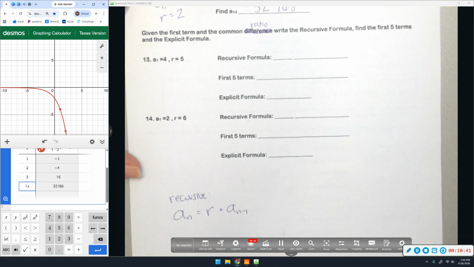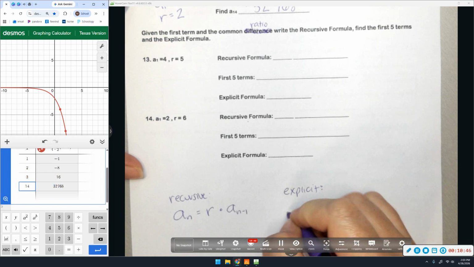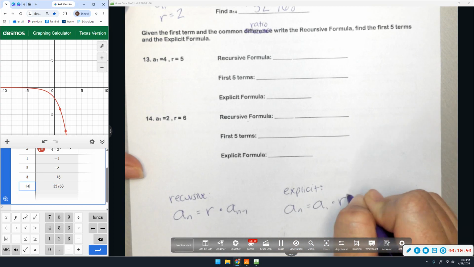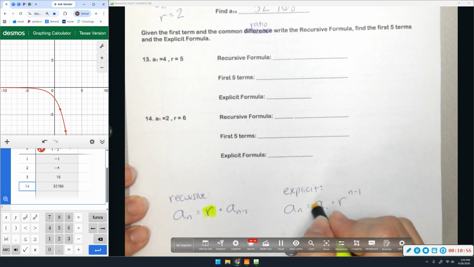We just don't have it typed on the back, so I'm writing it. An explicit formula is a sub n equals a sub 1 times r to the n minus 1 power. Remember, for this formula, we have to replace r, and for this formula, we have to replace a sub 1 and r.